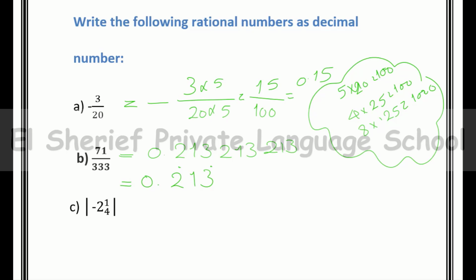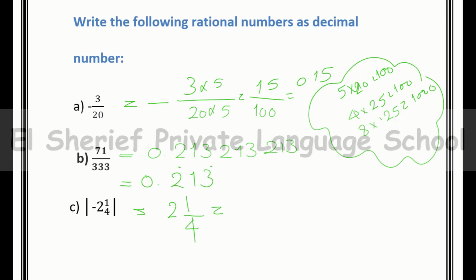The last one is letter C, the absolute value of negative 2 and a quarter. Negative 2 and a quarter: the absolute value of any negative number is the value without the sign, the positive number, 2 and a quarter.